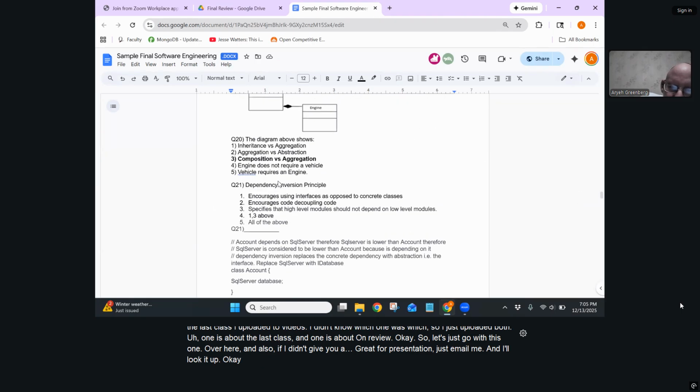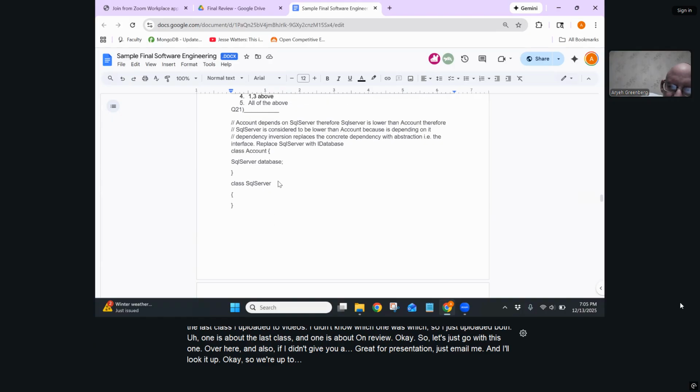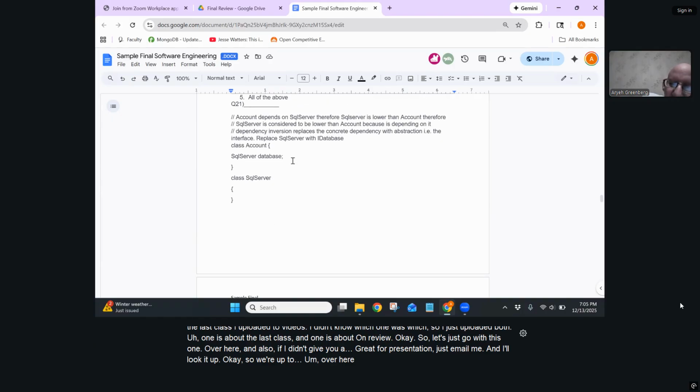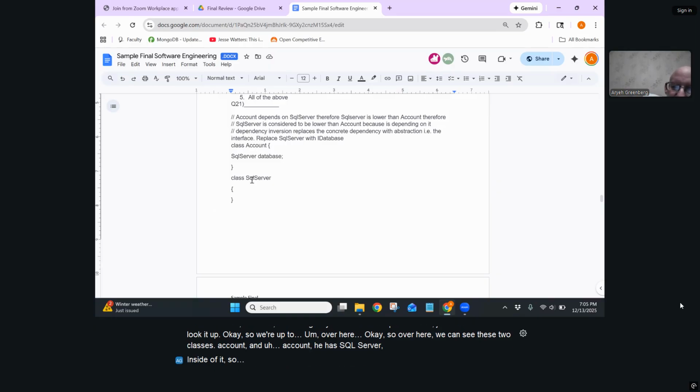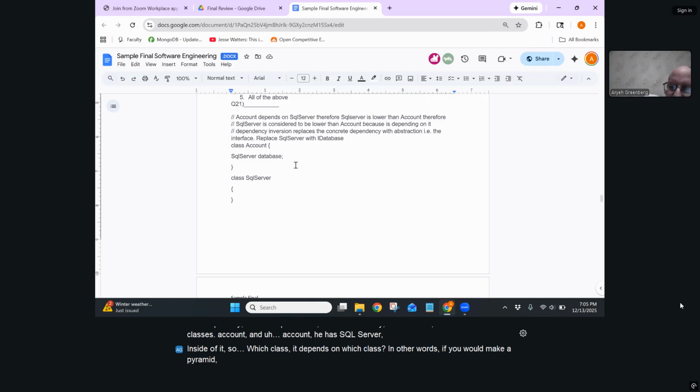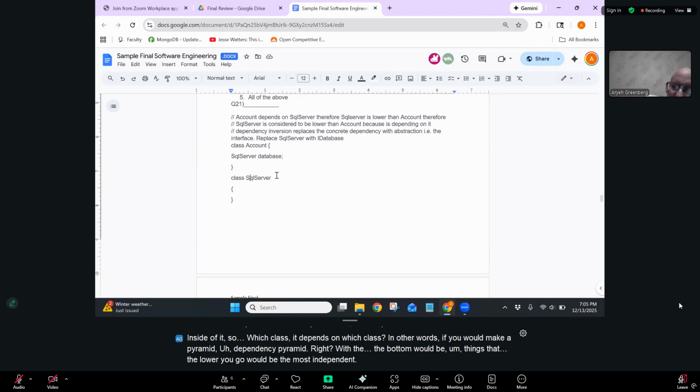Okay, so we're up to over here. Where you see these two classes, Account and Account has SQL Server inside of it. So which class is dependent on which class? In other words, if you would make a dependency pyramid, the lower you go would be the most independent, right?